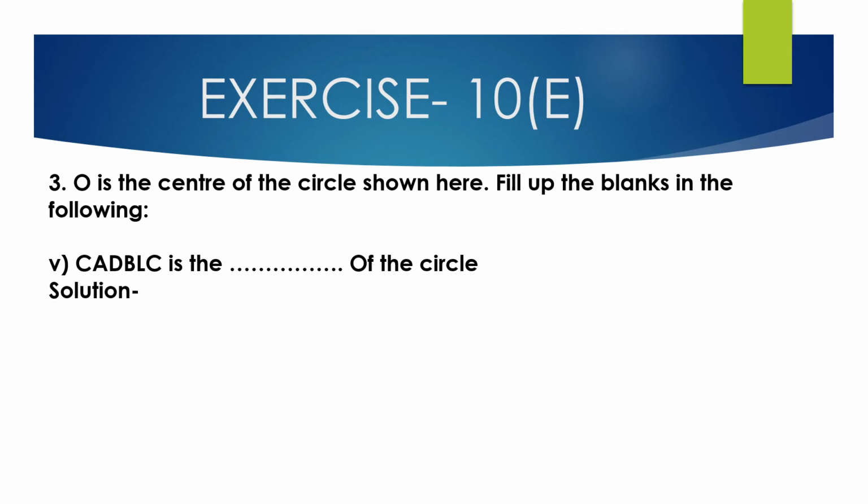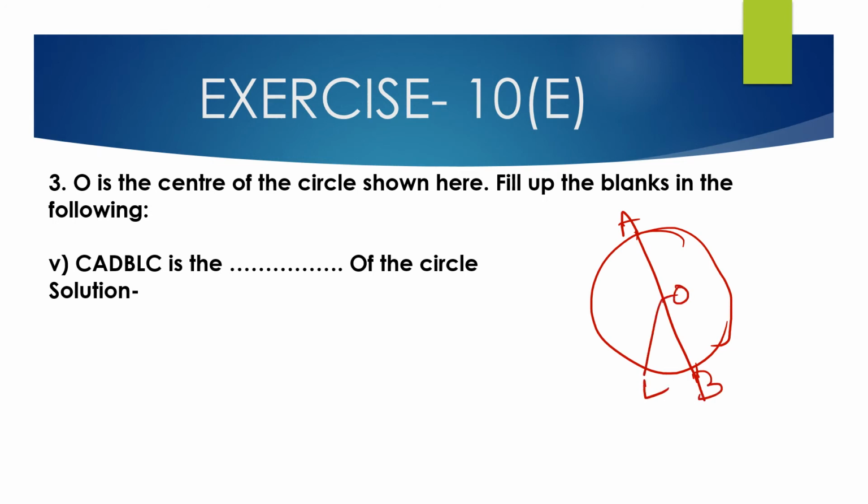Now question number 3c. CADBLC is the dash of the circle. First draw the figure. This is the figure given. A, B, this is center O, this one is L, C, D, and this one is P, and this one is Q. CADBLC.